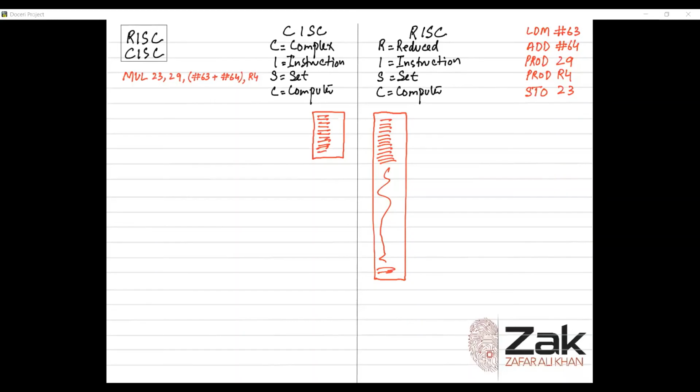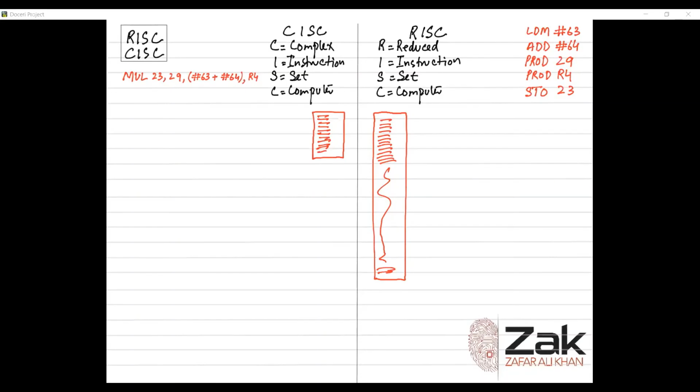So what is happening? In RISC, the programmer is breaking the instructions and the processor is just following them. In CISC, the programmer is giving one single complex instruction, and the processor has the duty to break that into a number of instructions, and then these instructions will be executed by the processor one by one.